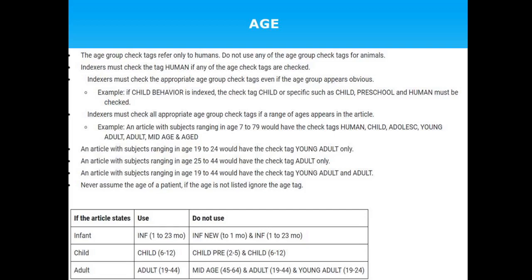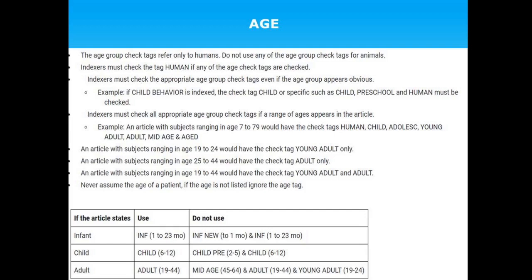For example, if child behavior is indexed, check the tag child or something more specific such as child, preschool, and human must be checked. So here child behavior is indexed, so they are talking about child behavior. The check tag child should definitely be included, depending upon which kind of child the content refers to.